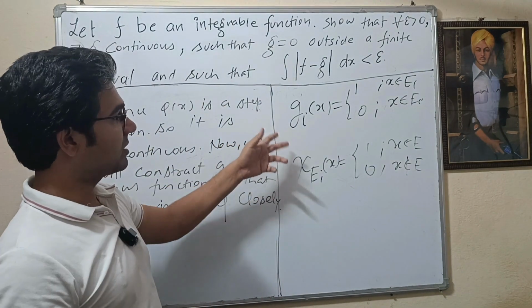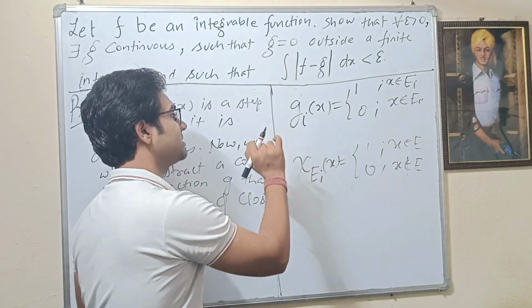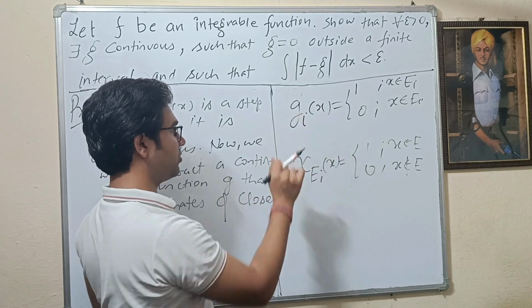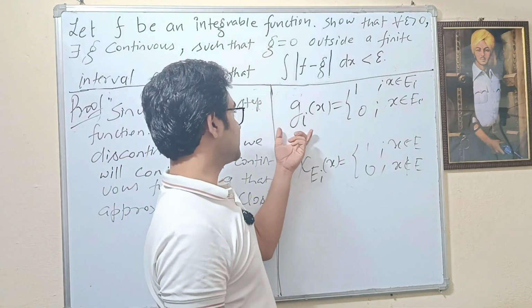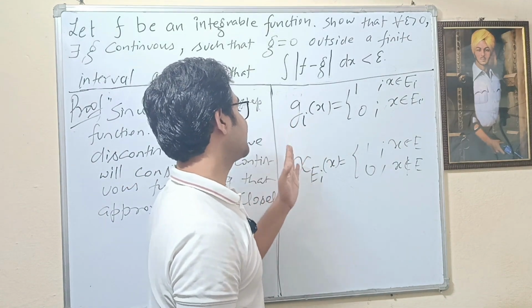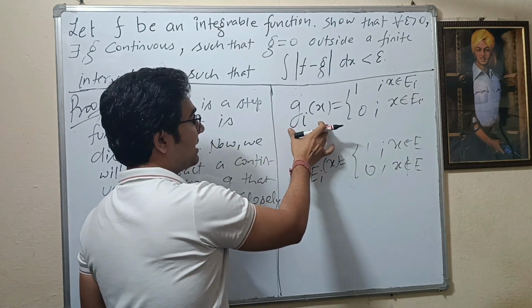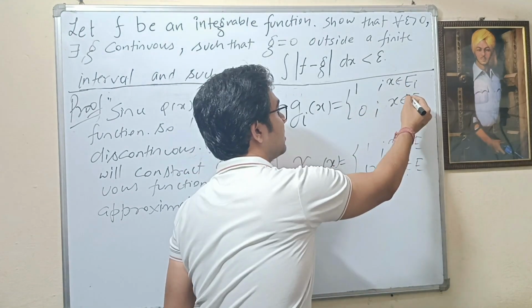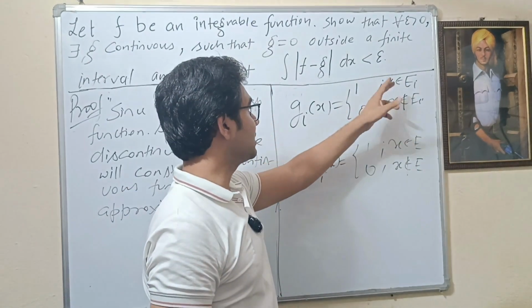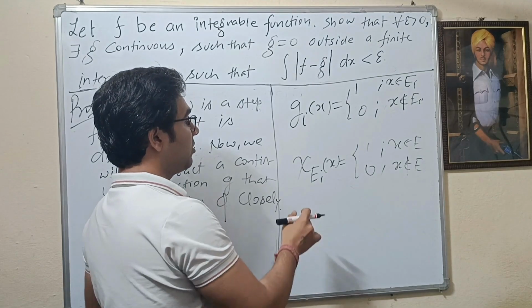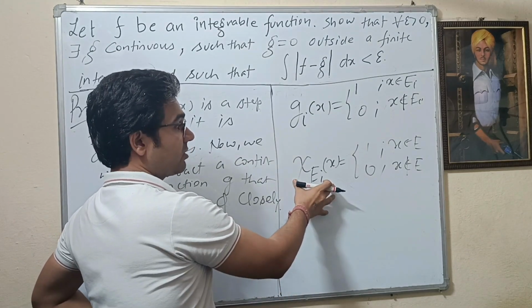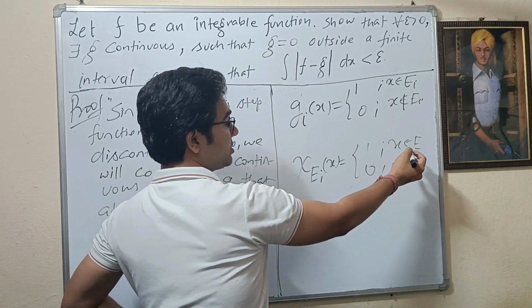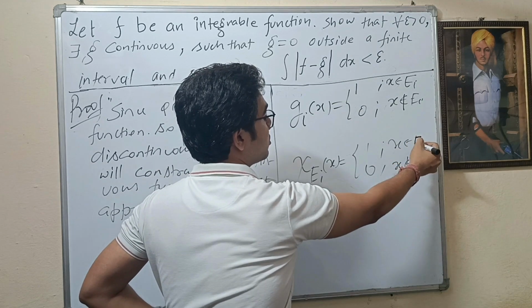So they are all similar, but the only difference between these two functions is that g_i(x) is infinitely differentiable inside E_i and behaves very smoothly on the boundary, whereas in the characteristic function there is a sudden shift on the boundary of E_i.